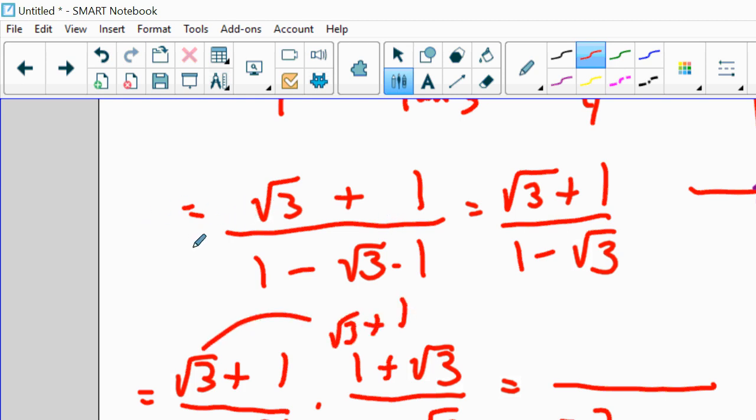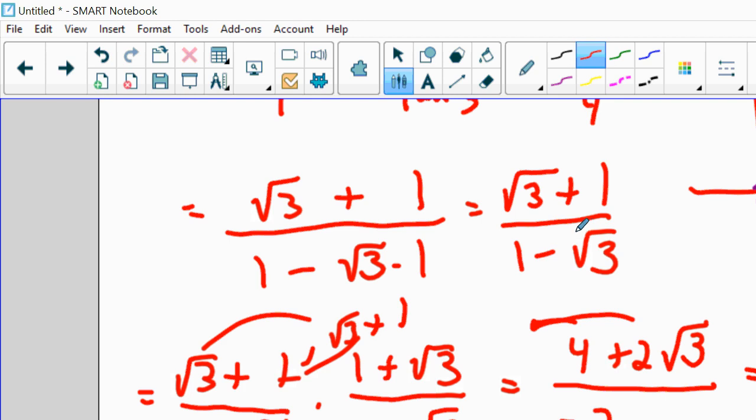First, outer, inner, last, so 4 plus 2 radical 3. Man, this doesn't work out very good. Now I can factor out a 2, old school, and get a 2 plus the square root of 3 over a negative 2, which is minus 2 minus the square root of 3. Wow. The algebra was like 50 times worse than the problem.